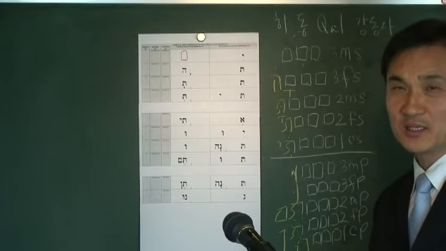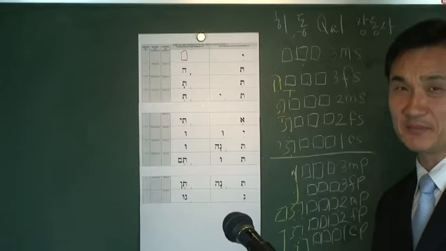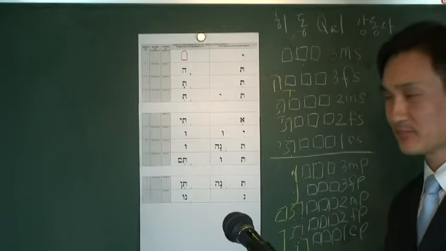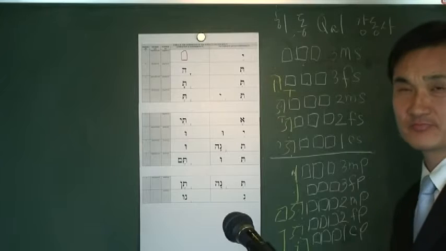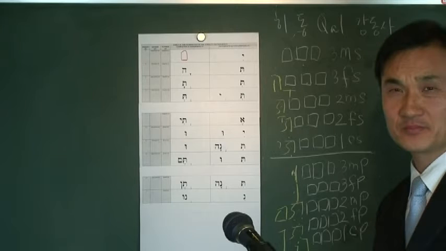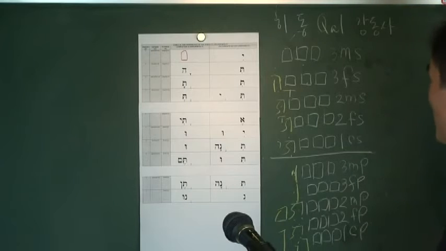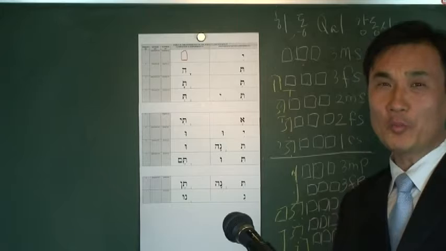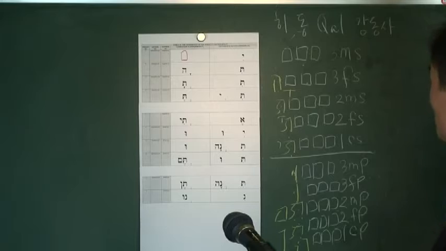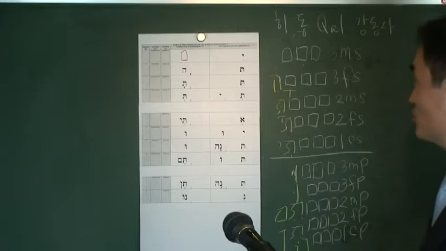Hebrew verbs are classified into 7 different voices and aspects: the kal stem, the nifal stem, the piel stem, the pual stem, the hitpael stem, the hifil stem, and the hofal stem.